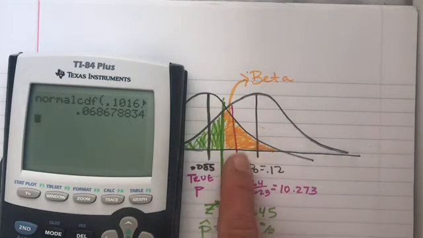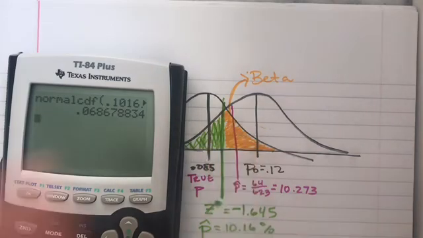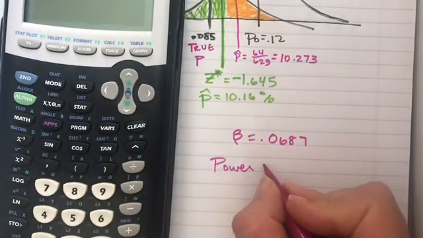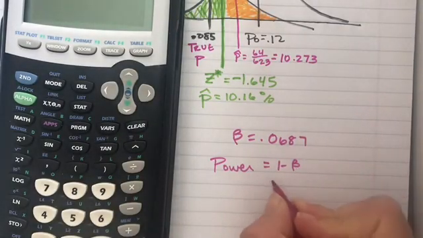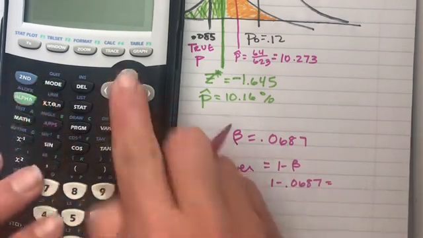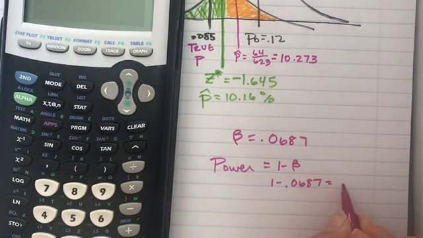And our beta is 6.867%, so about 6.9%, which means our power is 1 minus beta. Now so here's the power of the test, about 93%.